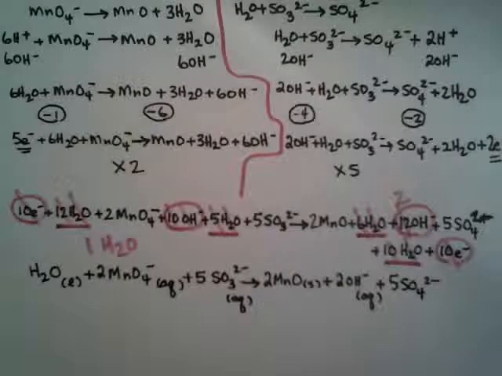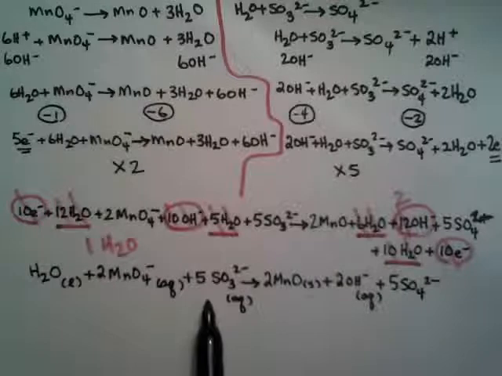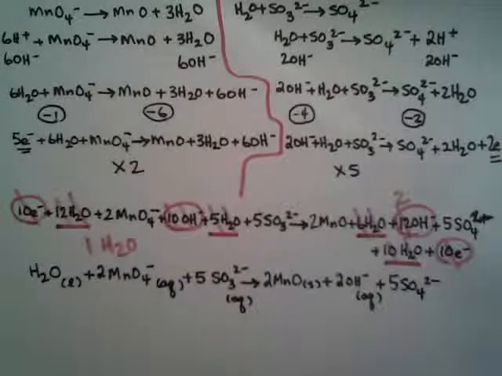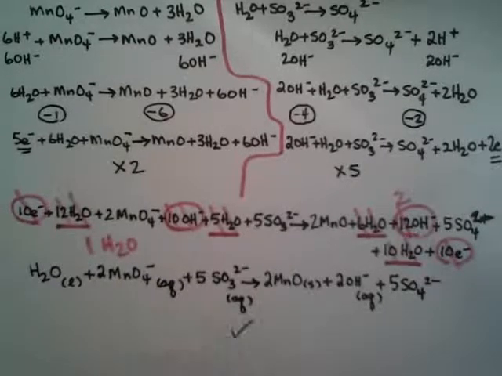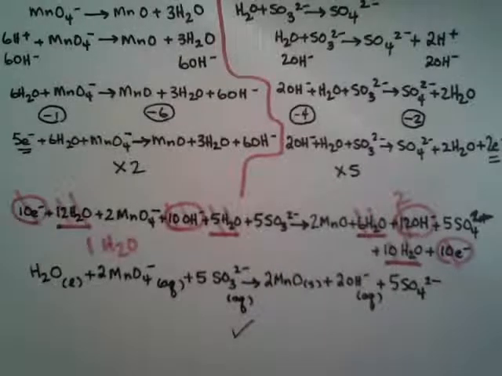And 5 times 4 is 20, so I have 24 O on each side. 2 manganese on each side, 5 sulfur on each side. Great. Charges: -2 and -10 is -12. -2, -10 is -12. So we're balanced. Done. We know it's correct.